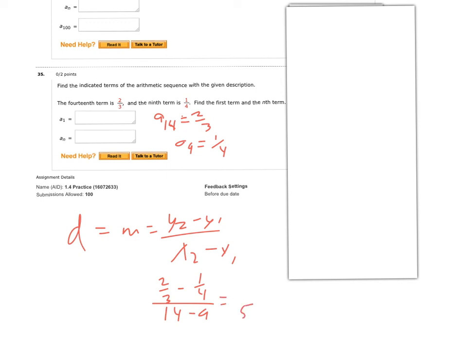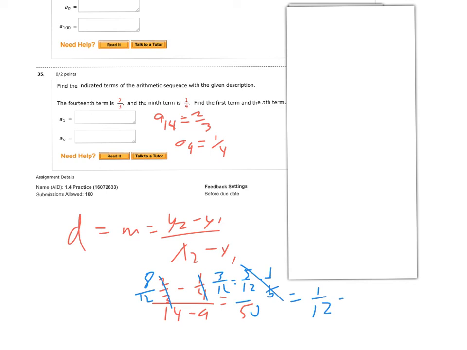Obviously this is 5 down here. Up here I need a common denominator, so I'm going to make it 12, and we'll do 8 over 12 minus 3 over 12. That is going to give me 5 over 12 over 5, which if I multiply by the reciprocal would just give me 1 over 12 for my common difference.